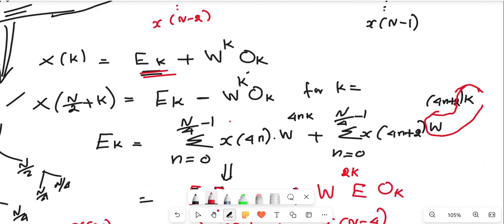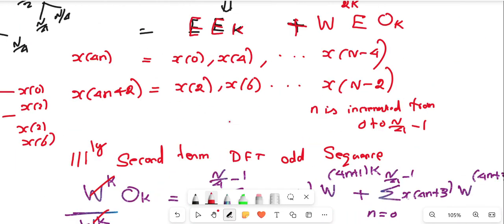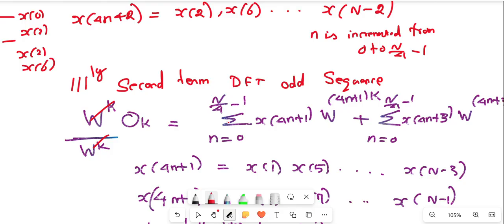using this property, how the even sequence is divided into even and odd, and the odd is divided into even and odd.